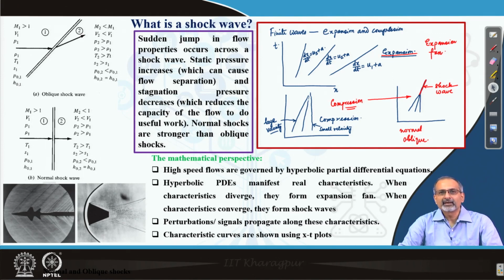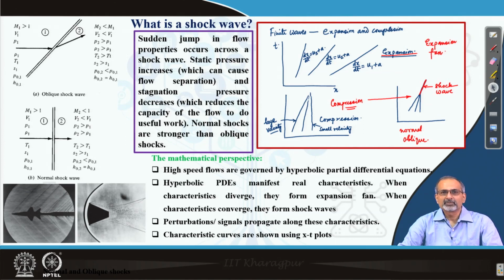As you may know, these compressible flows are basically governed by hyperbolic partial differential equations, which manifest real characteristics. When the characteristics diverge, they form expansion fans. When they converge, they form shock waves.